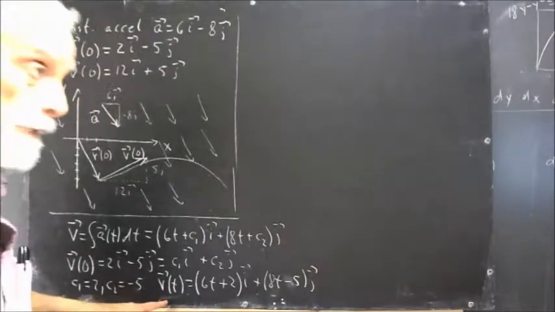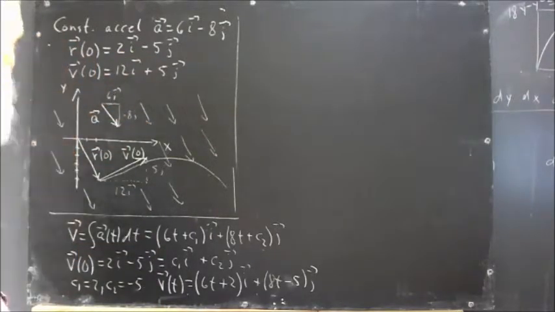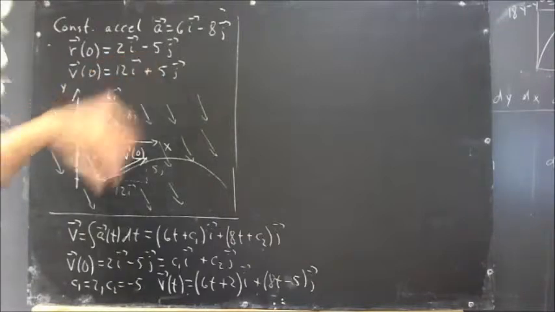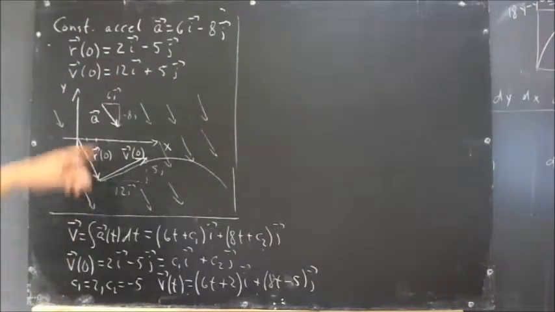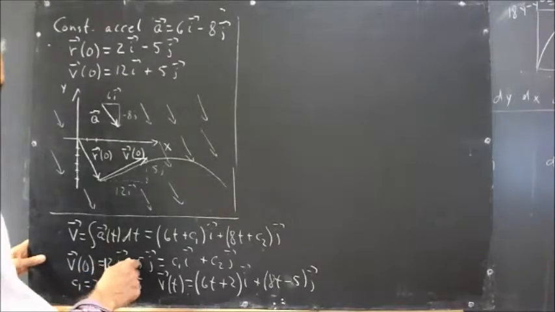Well, we're going to integrate the velocity function, and we're going to substitute, and we're going to set that equal to our position function. I must have been too close to the board because this is supposed to be 12, and this is supposed to be plus 5. I'd better change that.